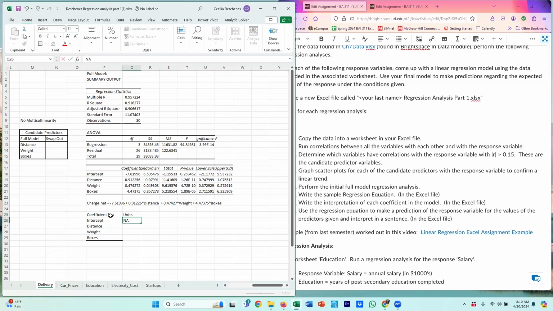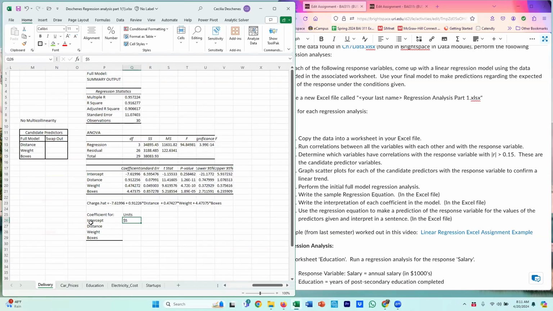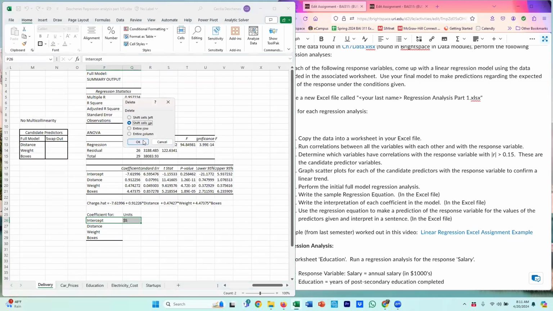For the intercept, you can think of it as just going to be the units of the response, so this would be dollars. But we don't really need to worry about that one. I believe I actually didn't do the intercept in these, right? Yeah, I did not. Okay, we can leave that out. We don't really need to do that.